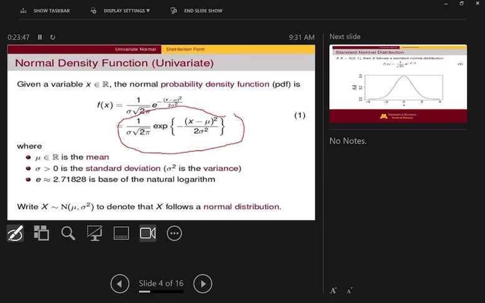Imagine X is my blood pressure, and let me pretend I want to find the probability of my patient having a blood pressure greater than A. Because this is a probability density function, I will need to integrate from A to infinity, dx. Doing that is going to land us into calculus complexity, rigorous calculus.